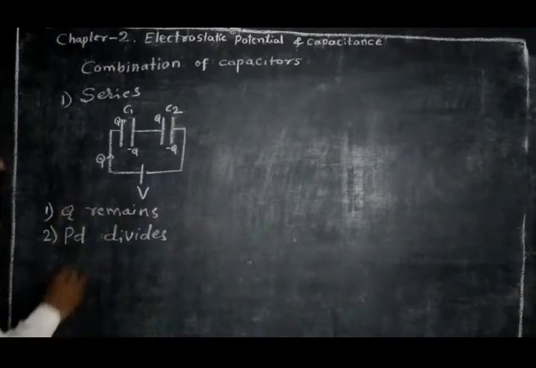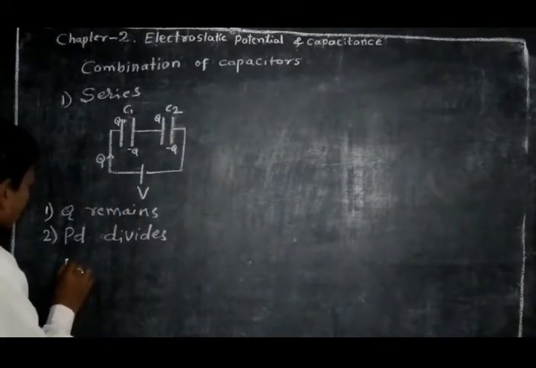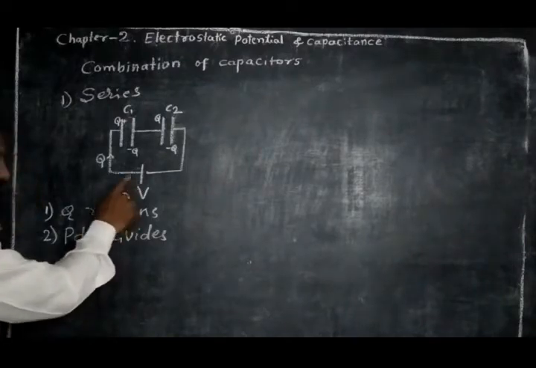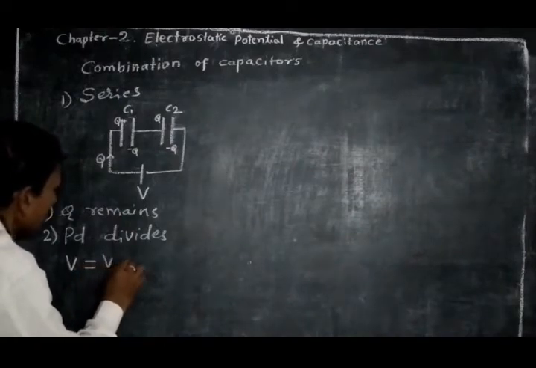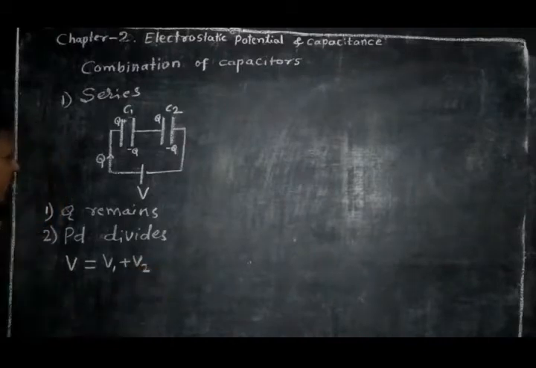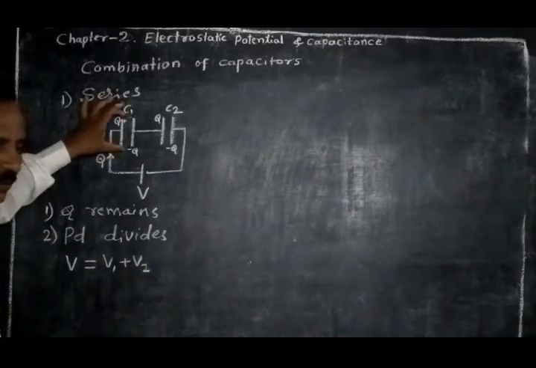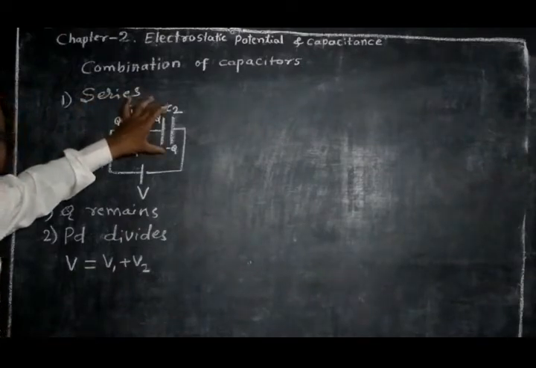and the total potential difference across the combination, the applied potential difference phi, equals phi1 plus phi2, where phi1 is the potential difference across C1 and phi2 is the potential difference across C2.